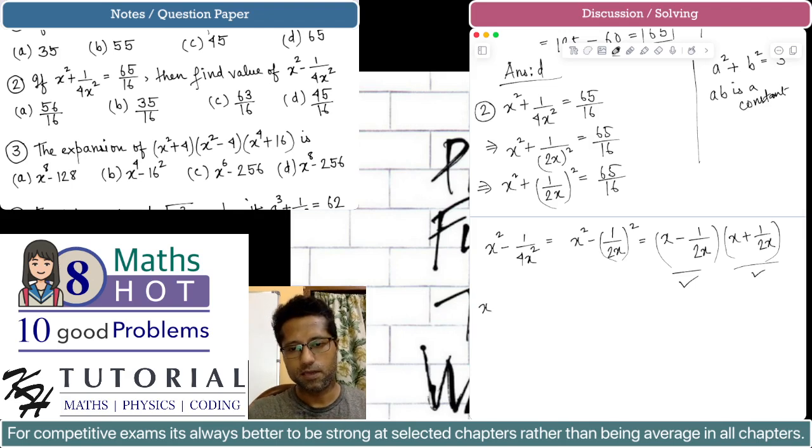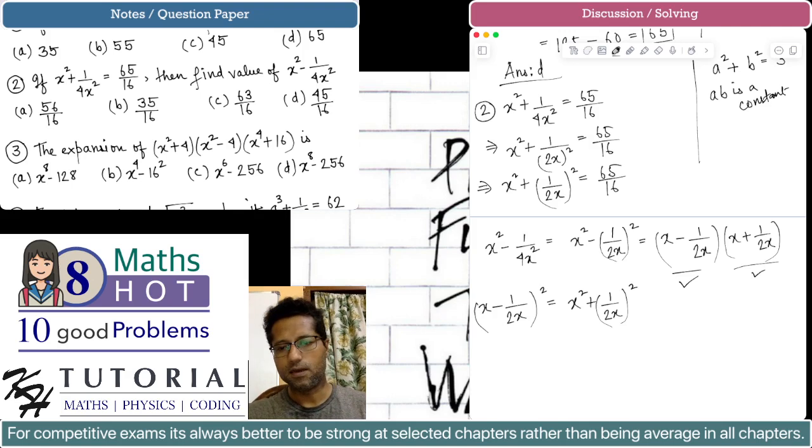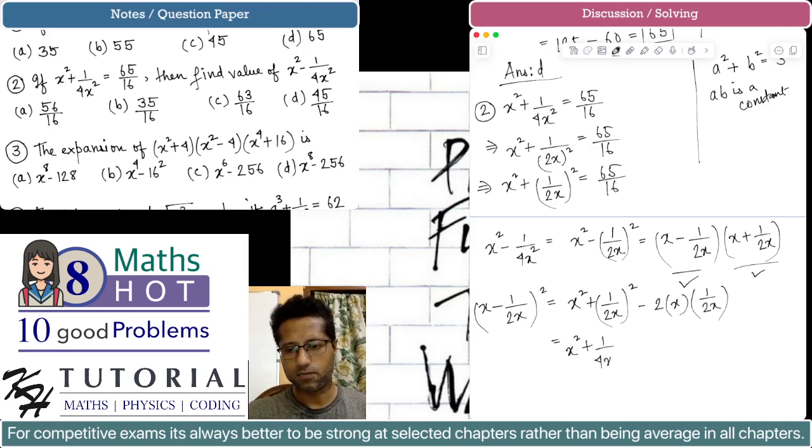Now (x minus 1 by 2x) whole square will be equal to x square plus (1 by 2x) square minus 2 into x multiplied by 1 by 2x. So this is equal to x square plus 1 by 4x square minus 1. Now x square plus 1 by 4x square value is given to be 65 by 16.